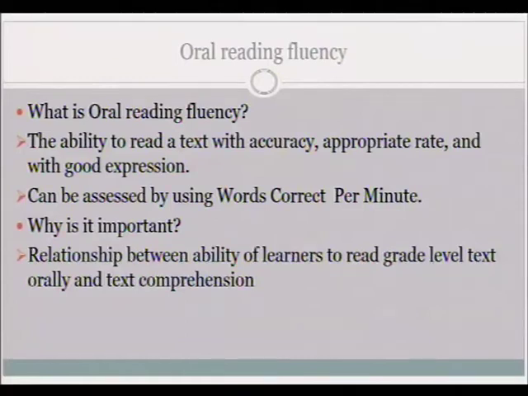Let's ask ourselves the question, what is oral reading fluency? Oral reading fluency is the ability to read a text with accuracy, appropriate rate, and with good expression. Right? There are many moods, or tone of voice, that we derive from the text.